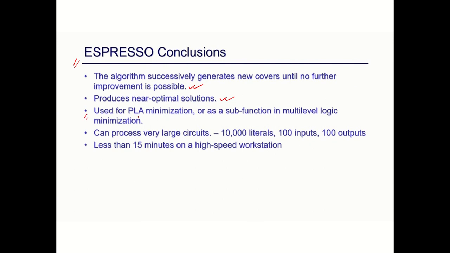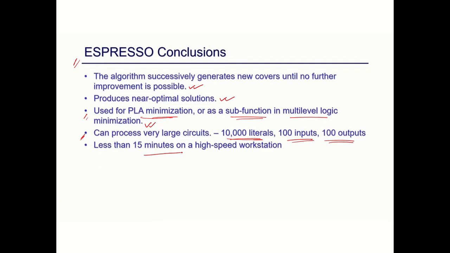Then we actually use the PLA based representation within Espresso to minimize the function, where the sub functions are in the multi-level logic realization. This helps us in PLA based realization, and it can improve a very large number of circuits. In case of Espresso, 10,000 literals can be reduced at a time. 100 inputs can be minimized with the help of Espresso, and a maximum of 100 output functions can be reduced.